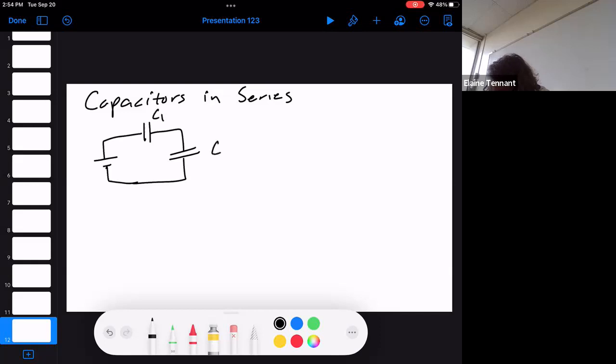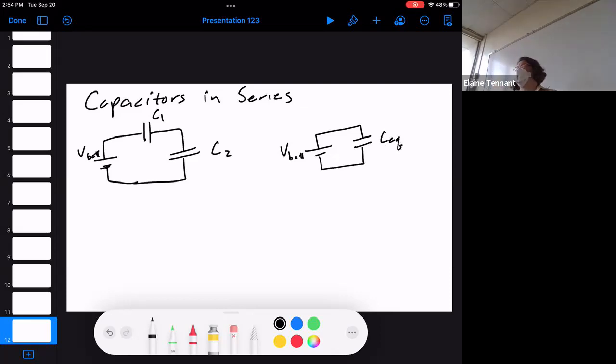So I have C1, I have C2, I've got my battery voltage, like that. And I'm comparing it to this equivalent capacitance. Okay, sound okay?